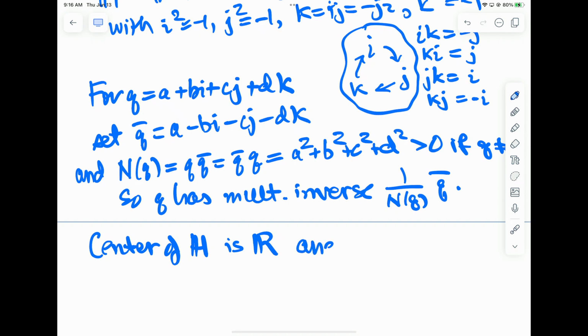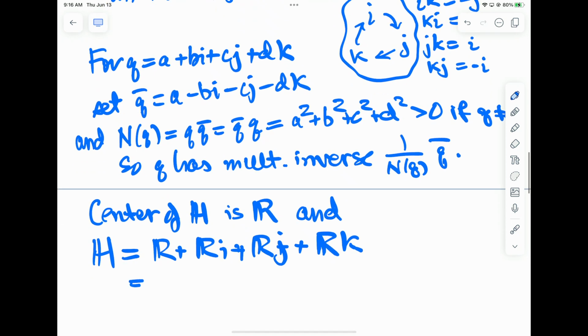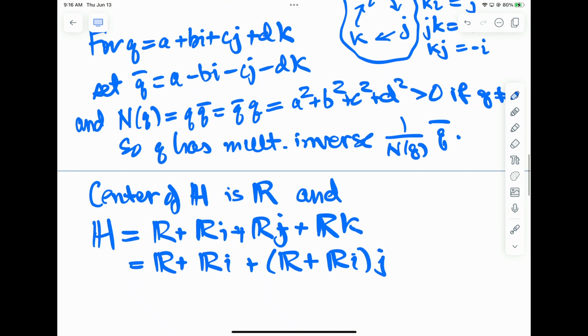And you can also write it in this clever way, R plus Ri plus Rj plus Rk. If I make it R plus Ri, I can factor a j on the right. So you put the j back in, you get your Rj, and your i times j is k. And then, you see, this becomes C plus Cj.